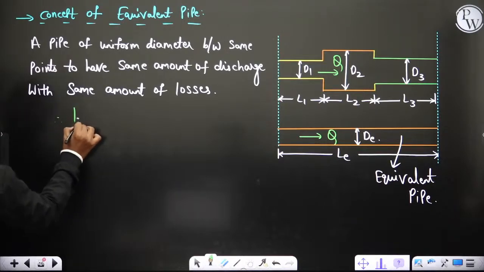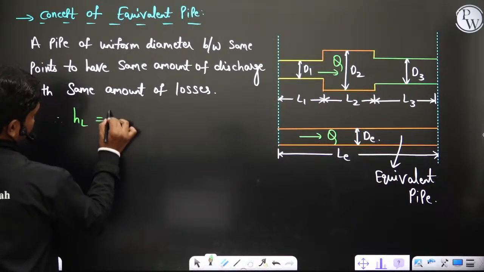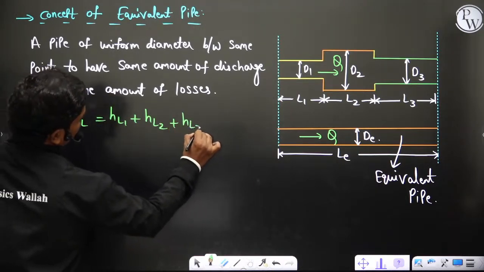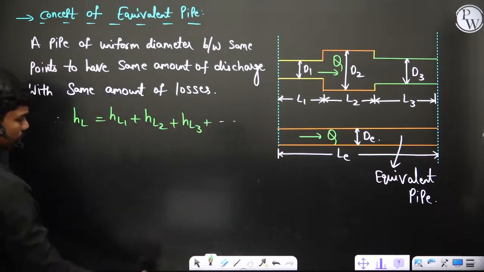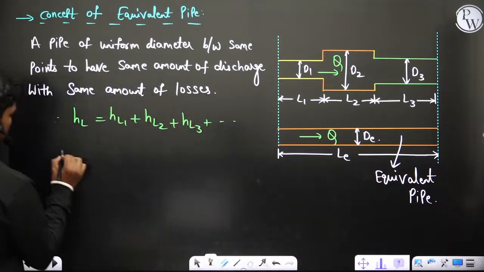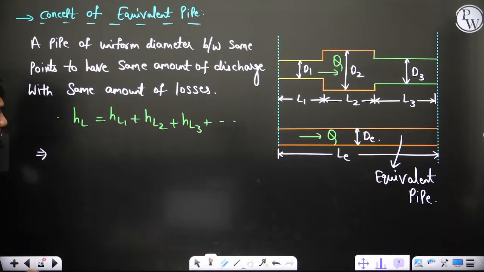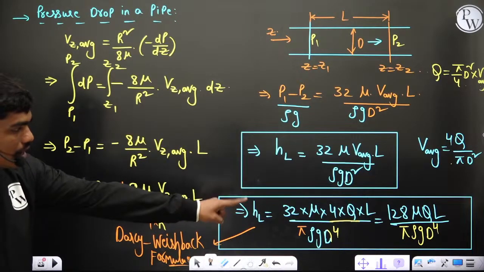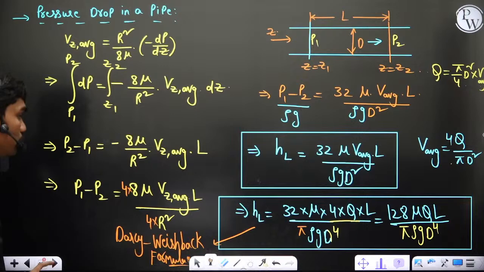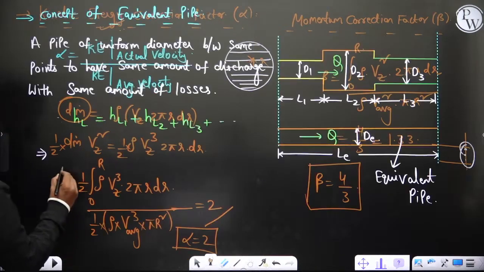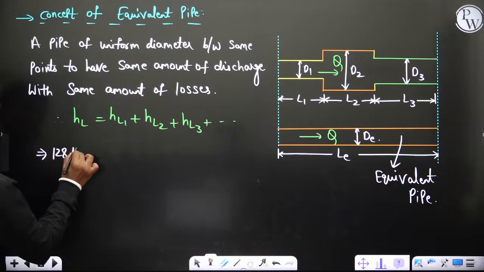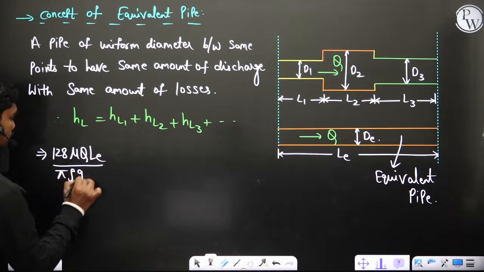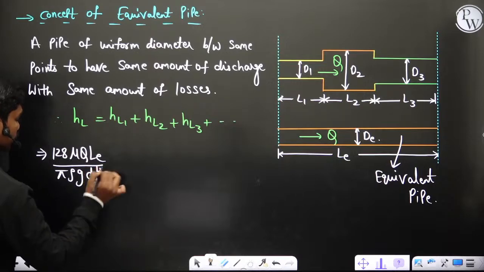Therefore, HL, head loss in this pipe, is HL1 plus HL2 plus HL3 and so on, as long as you have. Then what you can do is HL. What is the expression for HL? If you go to the Darcy-Weisbach formula, we have derived something like 128 mu QL by pi rho g D power 4, correct? So this is what we have.